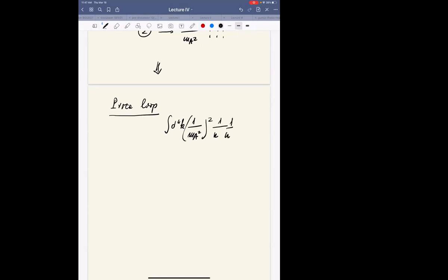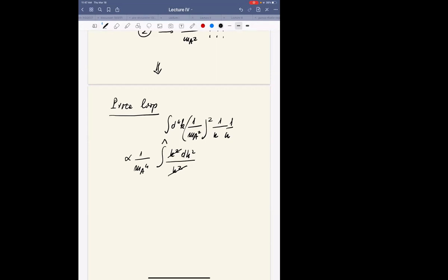This is a disaster. This is proportional to 1 over MA to the fourth. d4k in the symmetric integration is like k squared dk squared over k squared, and you integrate. Okay, I'm looking just at some large k behavior.